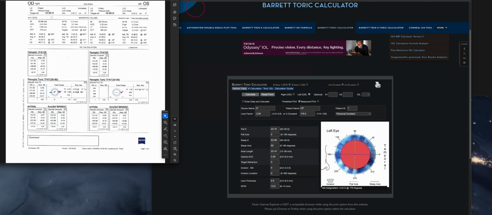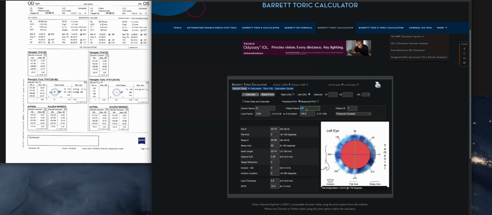Let's just take a look at a few other things. Okay, well, we're gonna have to crunch the raw data because I don't see Odyssey here, so let's do that. All right, so again, we're going to use the Odyssey lens.